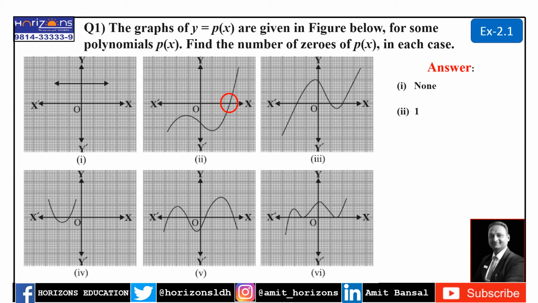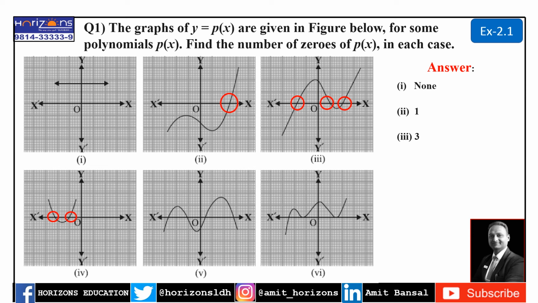Speaking of third figure, in third figure the graph intersects the x-axis at this point, and this point. So the number of zeros that this graph has or this polynomial has is 3. In figure number 4, this and this are the 2 points where the graph is intersecting the x-axis.